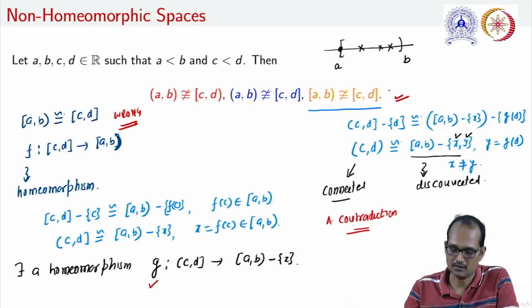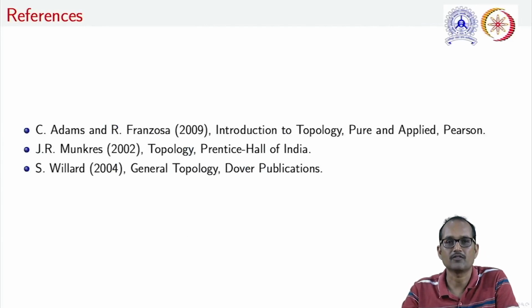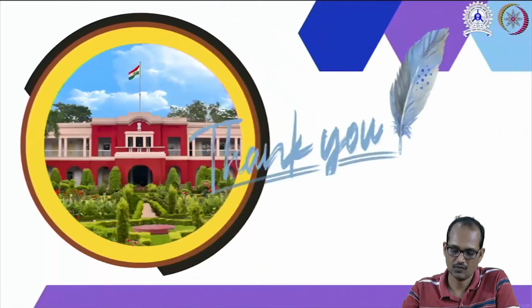Hence, this semi-open interval [a, b) is not homeomorphic to the closed interval [c, d]. These are the references. That's all from this lecture. Thank you.